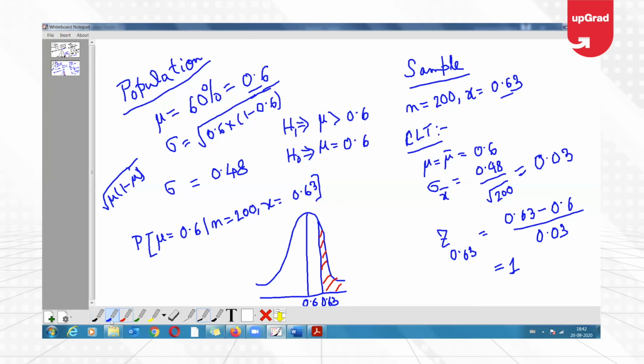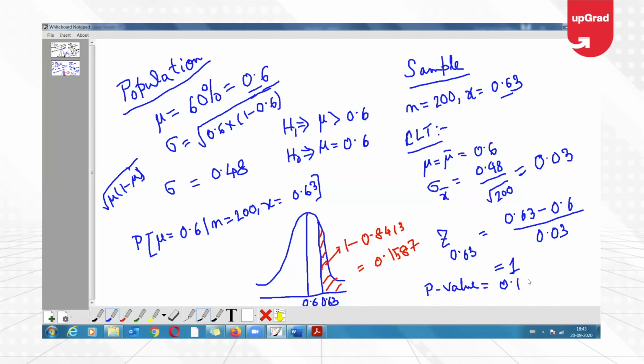So I have to do 1 minus 0.8413, and that is equal to 0.1587, which means my p-value is 0.1587, which means 15.87% if we take it in terms of percentage.